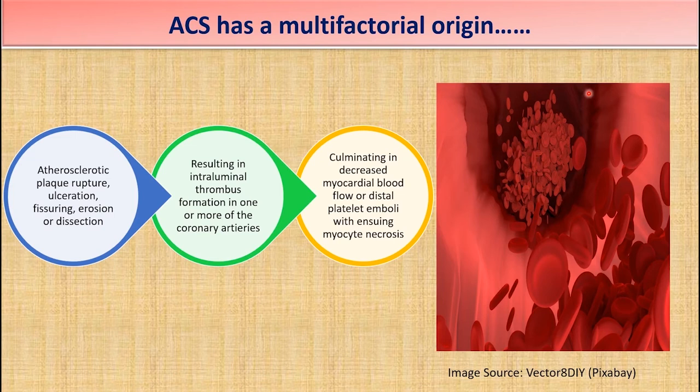Ultimately, it will cause decreased myocardial blood flow, or sometimes distal platelet emboli. With the occlusion, it will cause myocardial necrosis. All this added together gives rise to a state of ischemia, and the patients will have ischemic chest pain that we eventually call acute coronary syndrome.